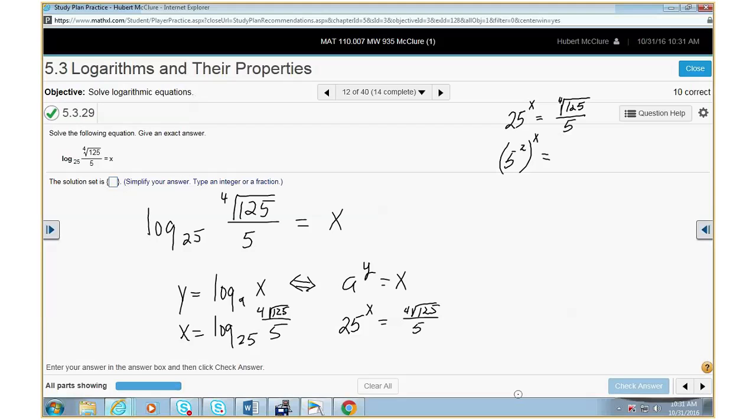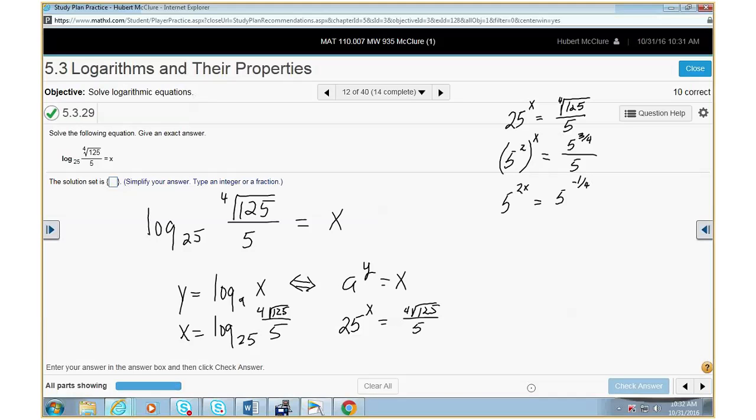Now what? 5 to the third, and then over 4. So that's going to be 5 to the 2x is equal to 5 to the negative 1/4.